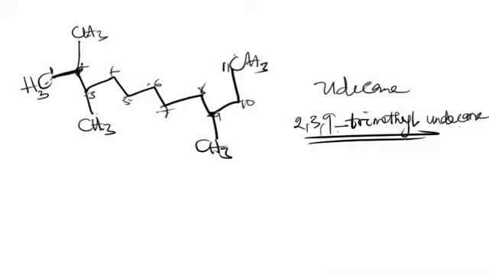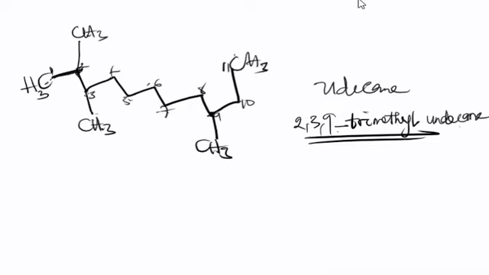Then you have your hyphen separating the numbers from the name here. So you have 2,3,9 trimethyl undecane. So if actually I had substituents with different names, I'll have to arrange these substituents alphabetically while naming.